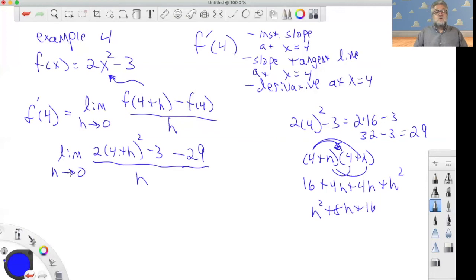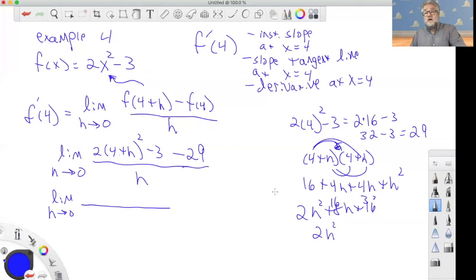Okay, so I can rewrite this. Limit as h approaches 0 of, oh, and I've got to do it times 2. Almost forgot.